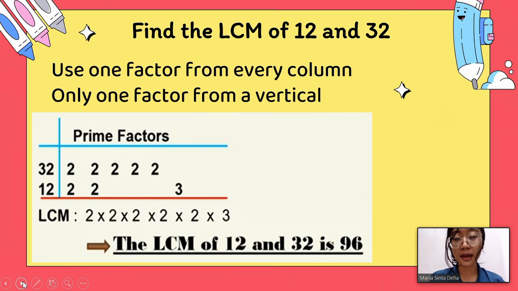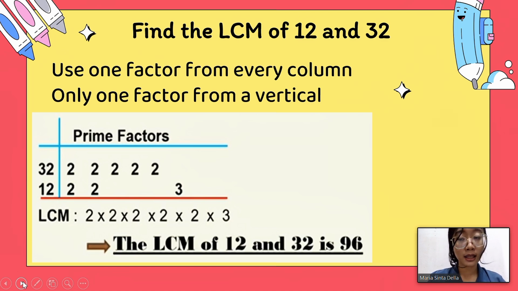We use one factor from every column, and if there's a vertical pair, we only take one of the two factors. The LCM of these numbers is the product of these factors: 2 times 2 times 2 times 2 times 2 times 3.